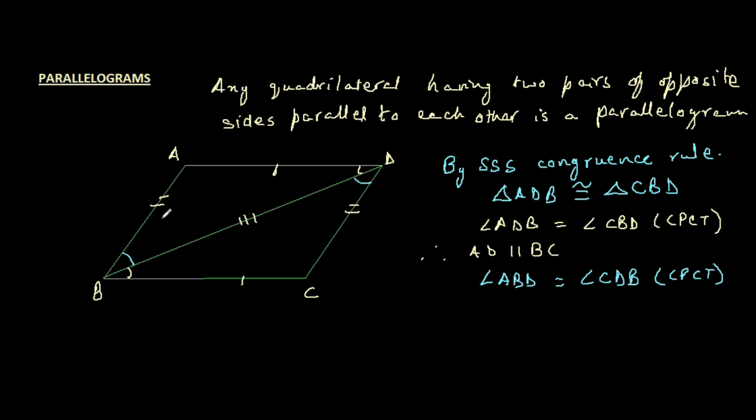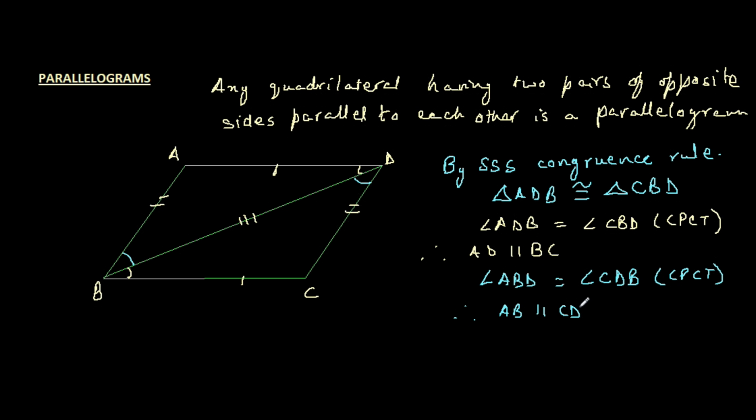So again we have two lines AB and CD, and BD happens to be a transversal, and these two angles that we have marked in blue happen to be alternate interior angles. We know that in any two lines, if the alternate interior angles are equal, then the lines have to be parallel to each other. So we can conclude that AB is parallel to CD. Well, we have proved that theorem also.